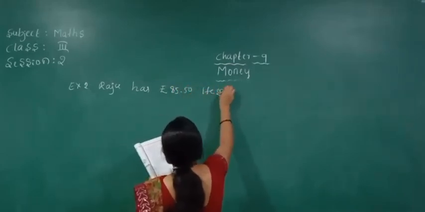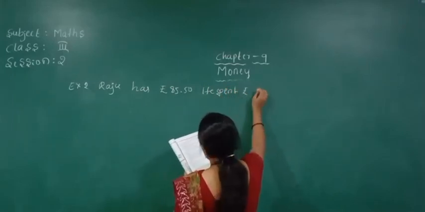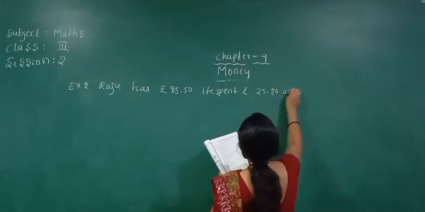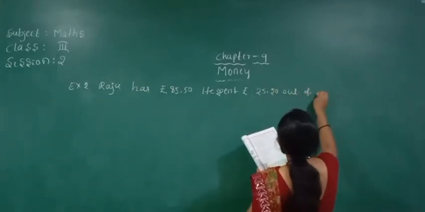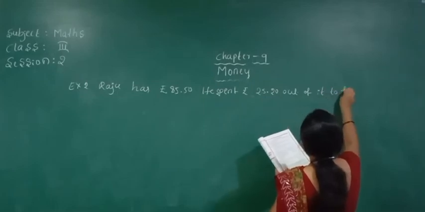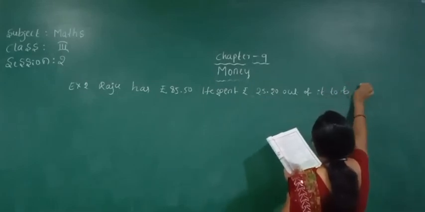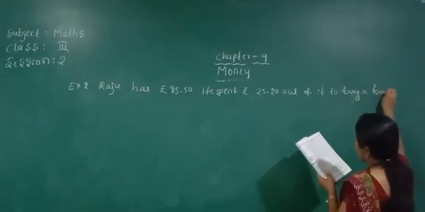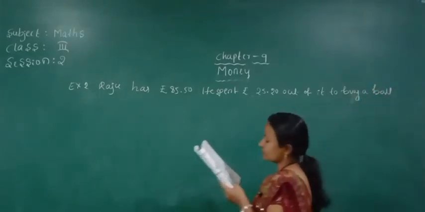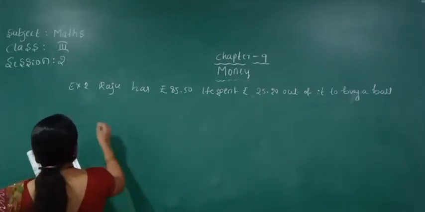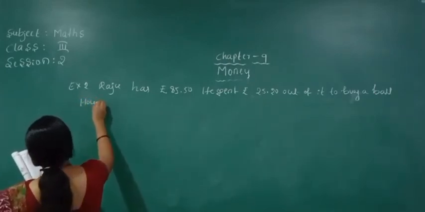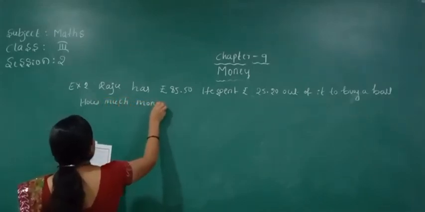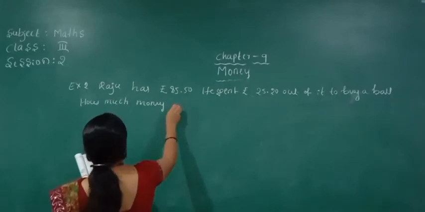He spent rupees 25 20 out of it to buy a ball. How much money is remaining with Raju?